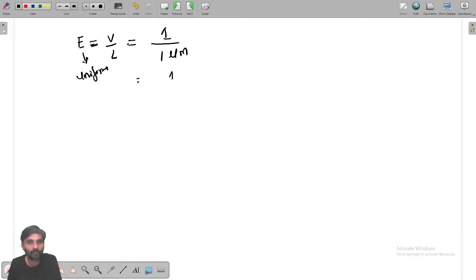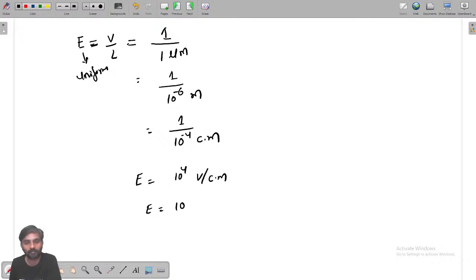So it's 1 by 10 to the power of minus 6 meters, which in centimeters is 10 to the power of minus 4. So E is going to be 10 to the power of 4 volts per centimeter, similar to the 10 kilovolt per centimeter I wrote earlier.